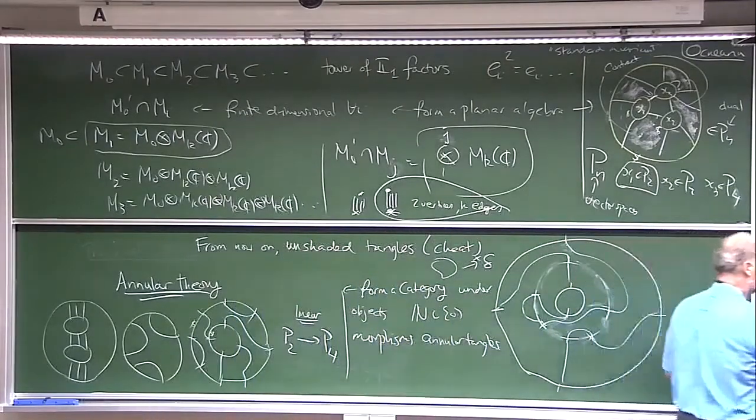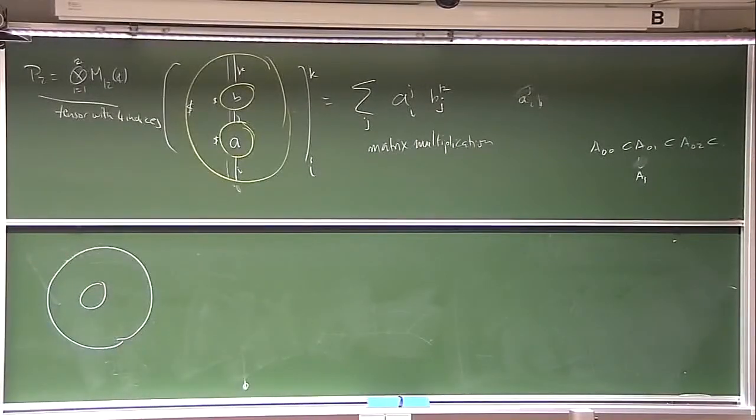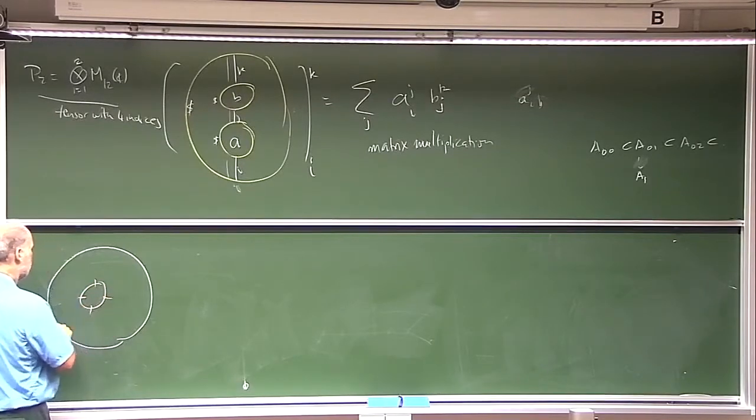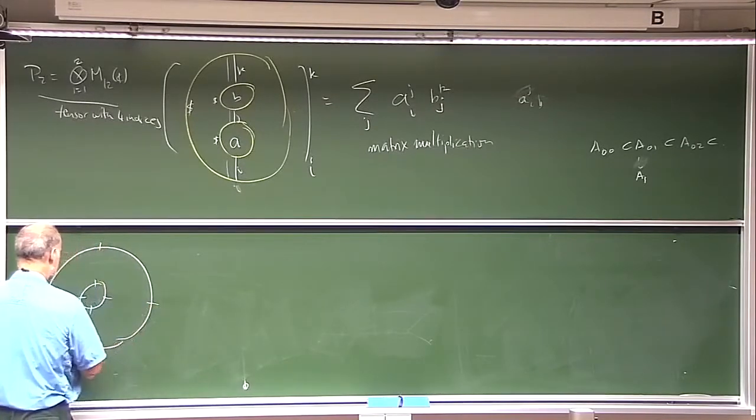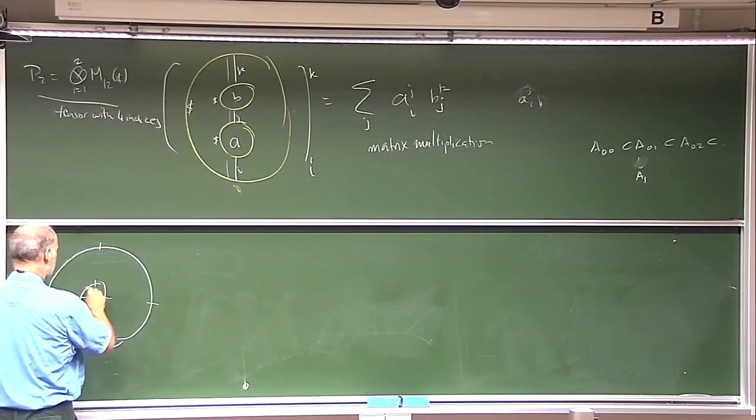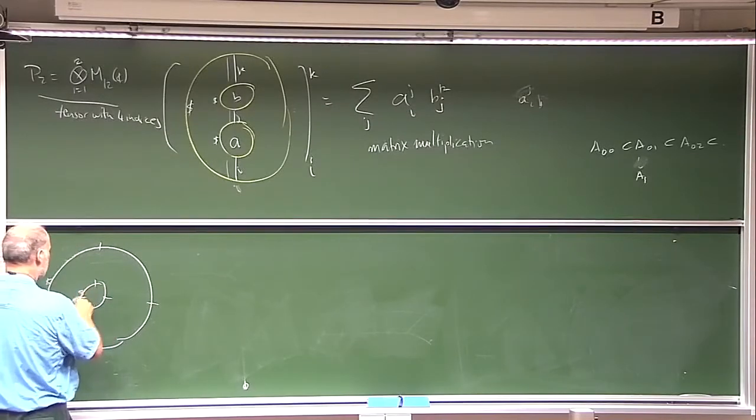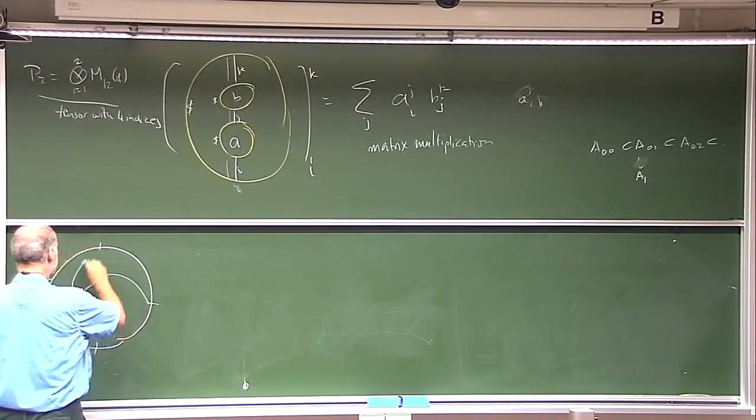So obviously that's a very, very special tangle, which is equally obviously going to play a big role in the theory, which is the rotation itself, where this will simply rotate.